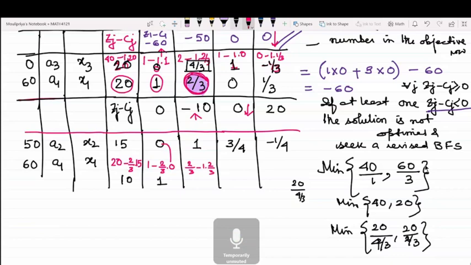This would be 0. Then the remaining two elements.